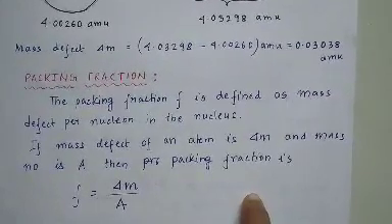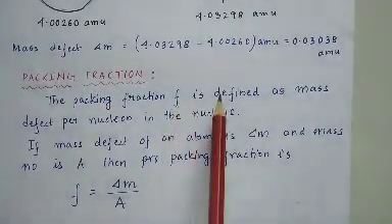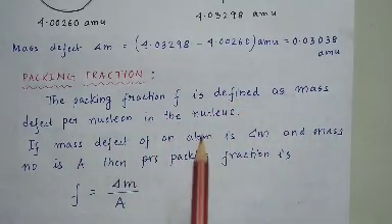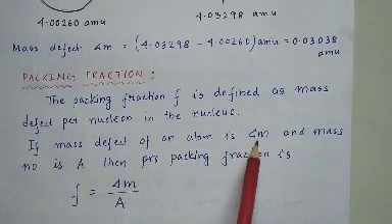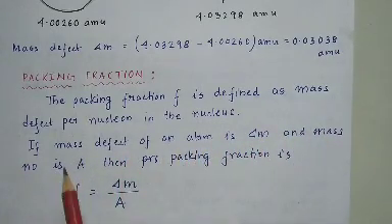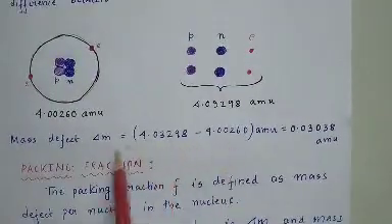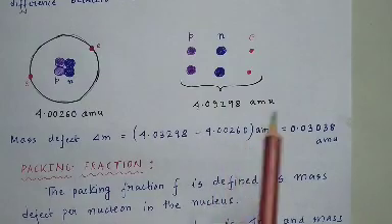Next is packing fraction. So what is packing fraction? The packing fraction denoted by symbol F is defined as the mass defect per nucleon in the nucleus. So if mass defect of an atom is delta M and mass number is capital A, then the packing fraction is F equals delta M divided by A. So in this example, here mass defect is this much, and what is mass number?